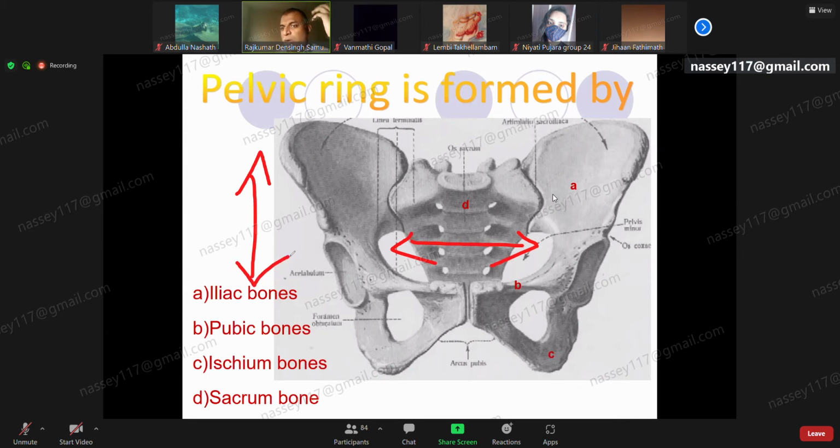Horizontal means that after the fracture, the pelvis will go laterally. That is called horizontal instability. Vertical means that after the fracture, this part of the pelvis goes up, and maybe the other part goes down. This is called vertical instability. Understood, doctors?